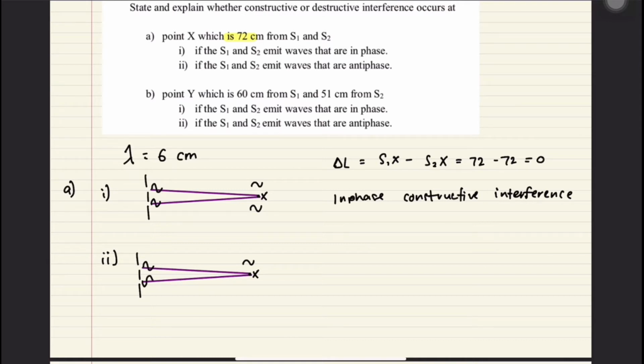So when they meet, we get something similar to this. When they meet, this one will create a destructive. So this one is called antiphase destructive interference.